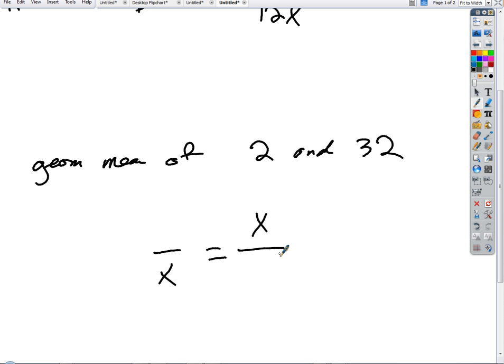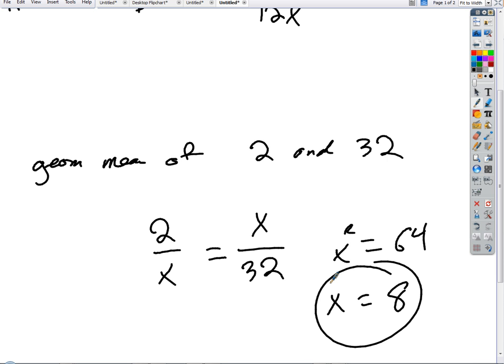Bottom of one side, top of the other side, and the two numbers that we're taking the geometric mean of always go opposite the x. If I cross multiply, I get x squared equals 2 times 32, which is 64. So what's x? Eight. So 8, that's how we get it.